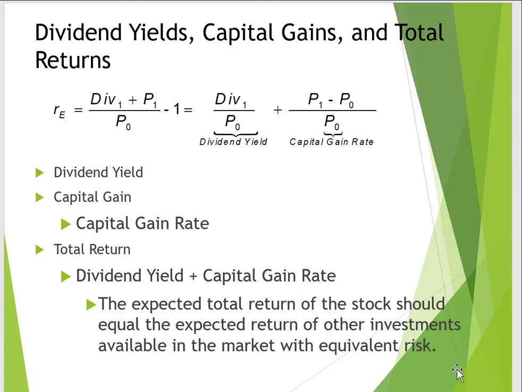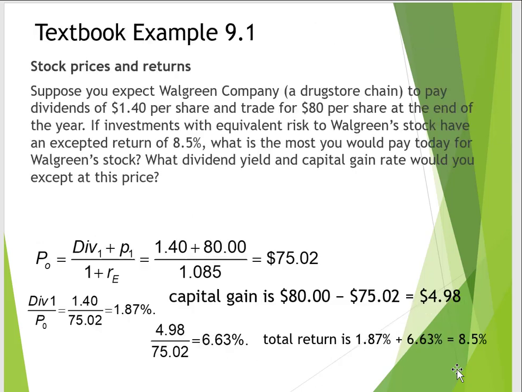The expected return should be equal to the expected return of any other investments available in the market with equivalent risk. So equivalent risk things should provide very close to the same kind of return.